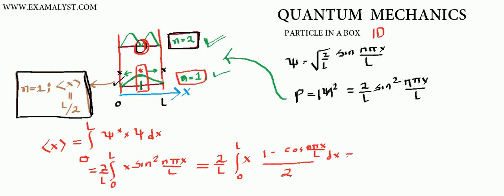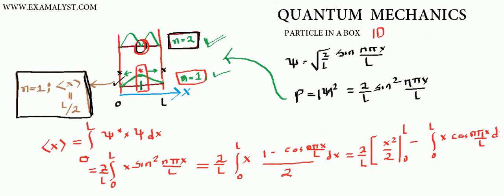So the next step will be, keep the 2 by L outside as always. The first term will be the integration of x, which is x square by 2, going from 0 to L, and the second part will be an integration from 0 to L of x times cos n pi x by L dx.